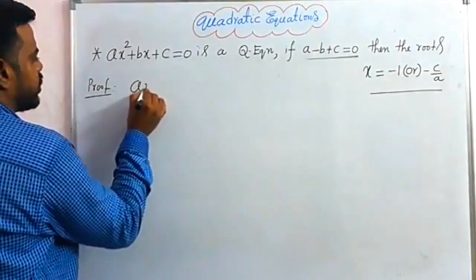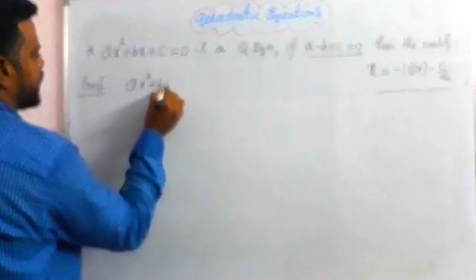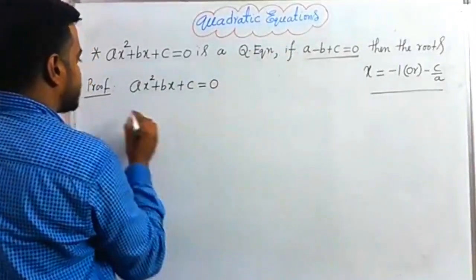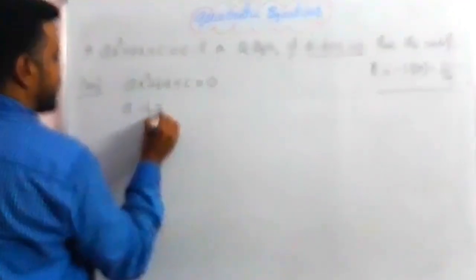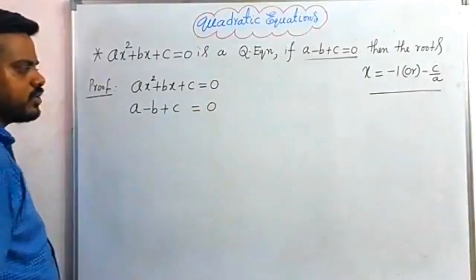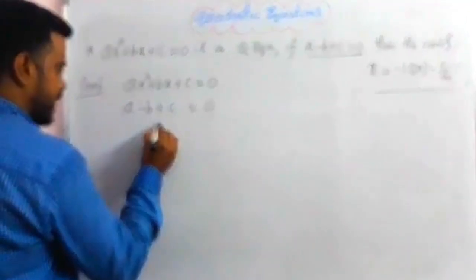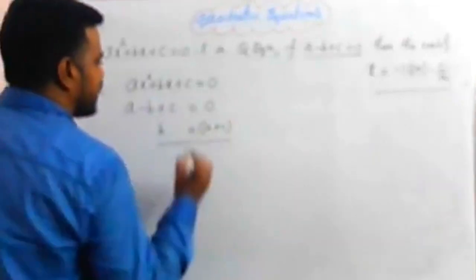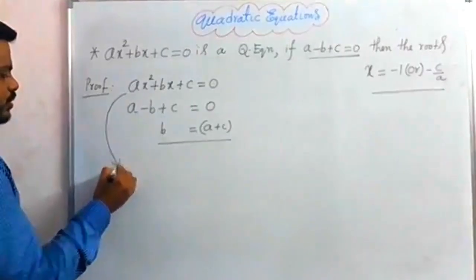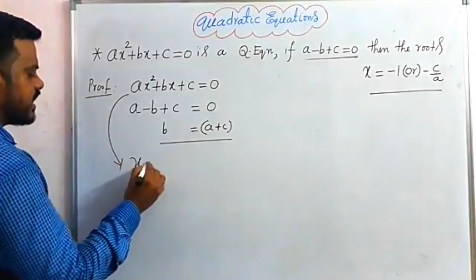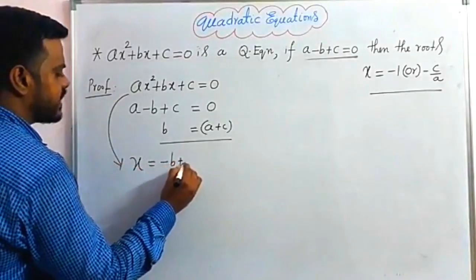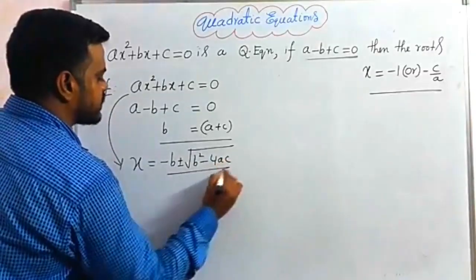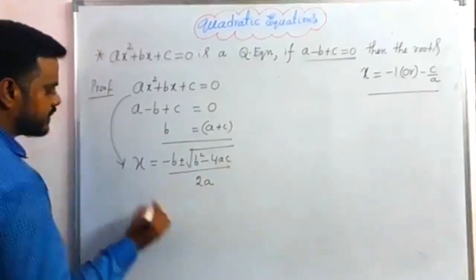The given quadratic equation is ax square plus bx plus c is equal to 0. The given condition is a minus b plus c equal to 0. From this you can write b is equal to a plus c. Again we have the roots for this quadratic equation: x is equal to minus b plus or minus root over b square minus 4ac by 2a.